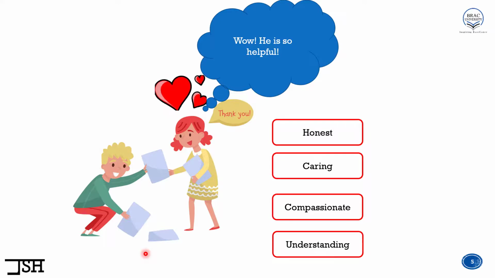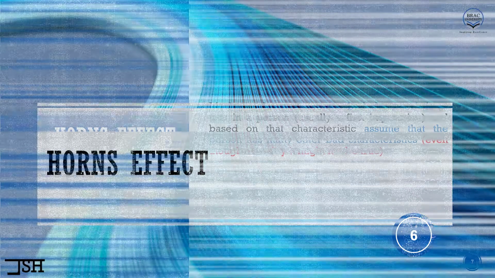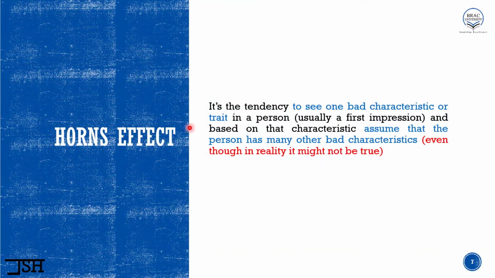Now let's move on to the next concept, which is Horn's effect. Again, Horn's effect. Trust me, this is exactly the opposite of halo effect. So what happens here? Let's take a look at the definition. It is the tendency to see one bad characteristic or trait in a person and based on that characteristic assume that the person has many other poor characteristics, even though in reality it might not be true.